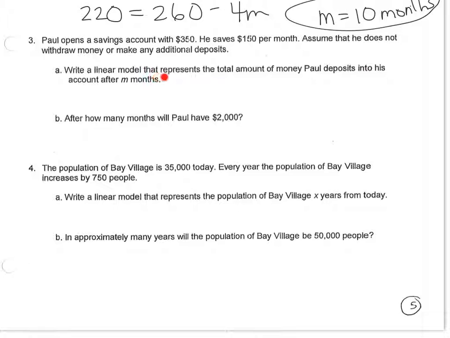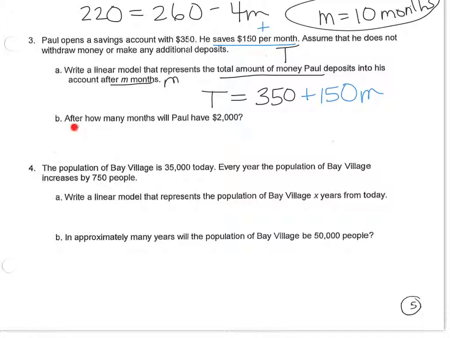Write a linear model that represents the total amount of money Paul deposits into his account after M months. The total amount of money will be T, and then we have M. So T equals, what's his starting amount? He starts out with $350, and he's saving, so he's adding $150 a month.